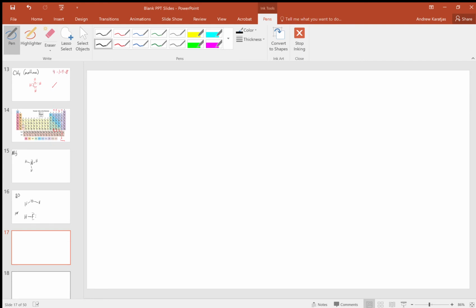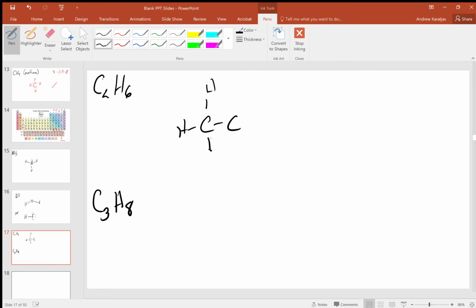All right, 5 and 6, we have a 2-carbon molecule and a 3-carbon molecule. So we're just building up our number of carbons, but nothing all that complicated in either one of these.